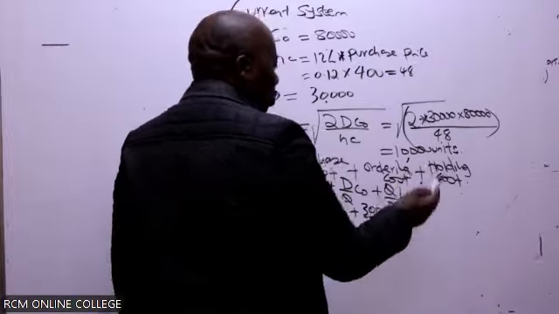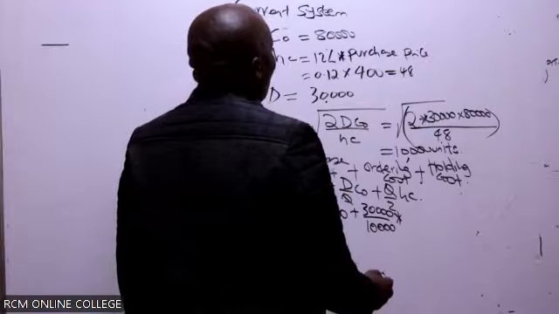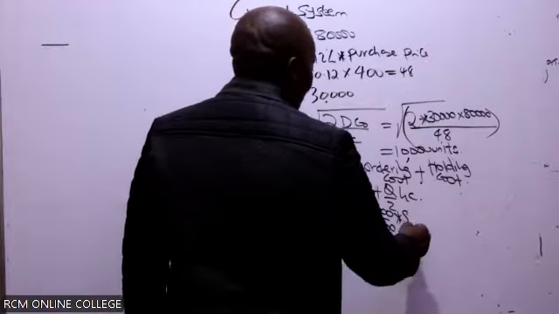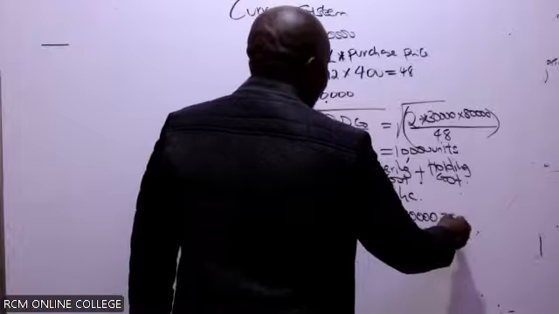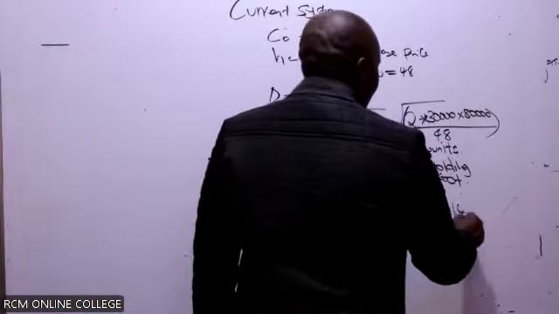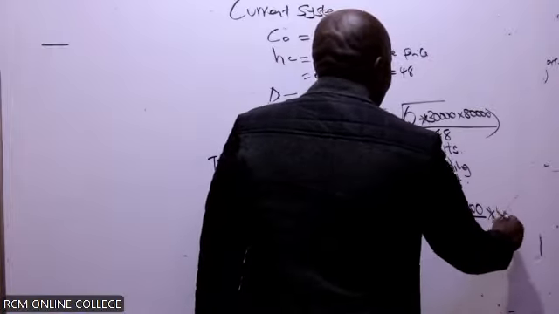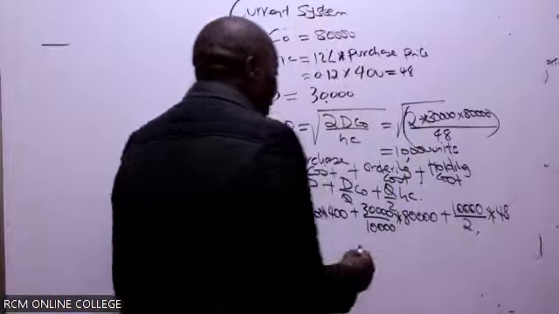This is the EOQ now, times our core, 80,000. Plus our EOQ, 10,000 divided by 2, multiplied by holding cost that you gave me as 48.